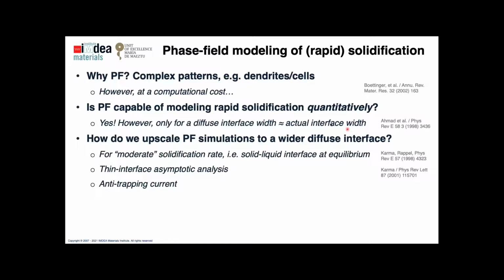Yes, there is, but so far it's been developed only for moderate solidification rate, where you can consider that the solid-liquid interface is at equilibrium. So you have this thin interface asymptotic analysis. There's a lot of math to see how much you deviate when you widen your interface, and you have to add this anti-trapping current, because solute trapping, as a matter of fact, is a question of the time scale for the solute to go through the interface, to escape the interface, versus the time scale of the interface advancing.